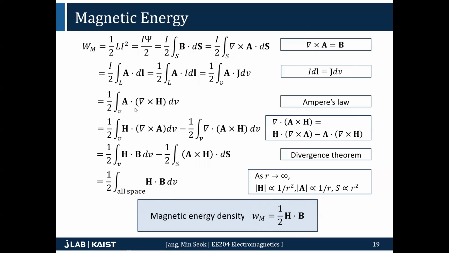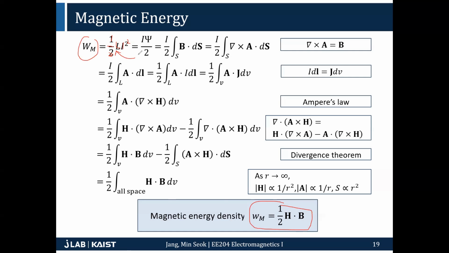So this derivation is again the same as the electrostatic energy, but what's important is the result. There are two ways to evaluate magnetic energy. One is 1/2 L i squared. In this case, you need to know L, the self-inductance of your system.